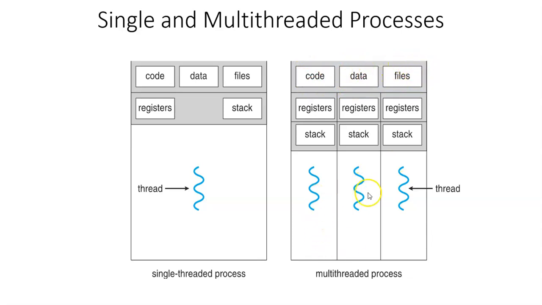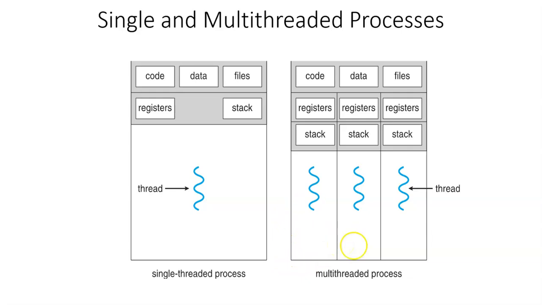Whereas as each thread is executing a different task, that execution context is captured by its own stack and register variables. For example, we have a 90 cross 90 matrix, and suppose we want to find the sum of rows of that matrix. Each thread is going to find the sum of rows, right?